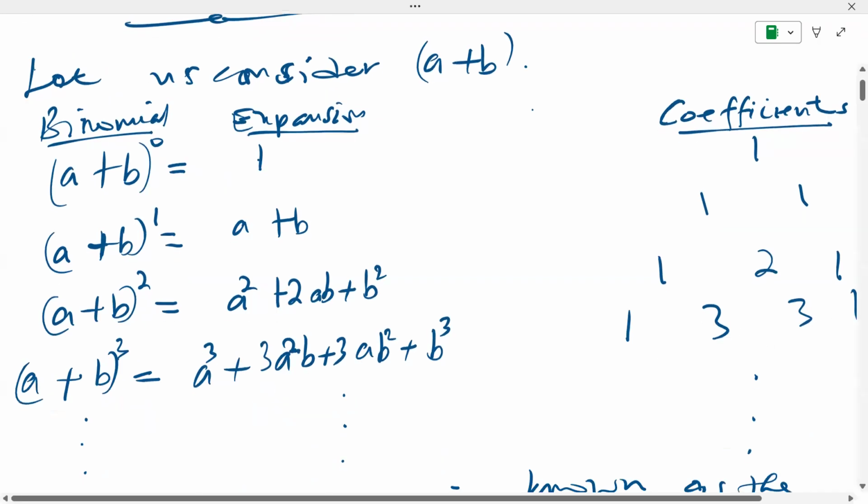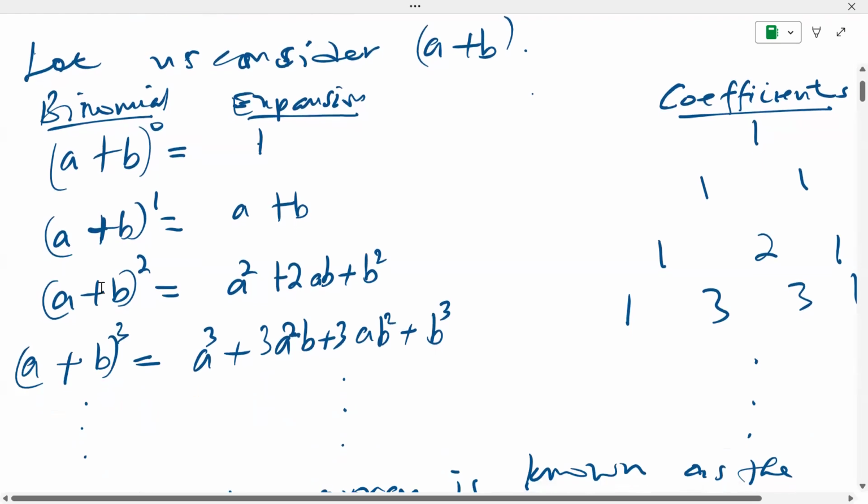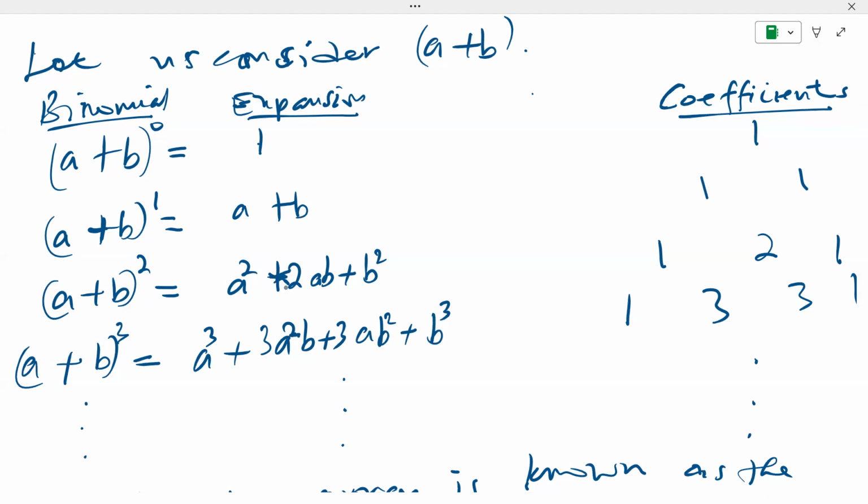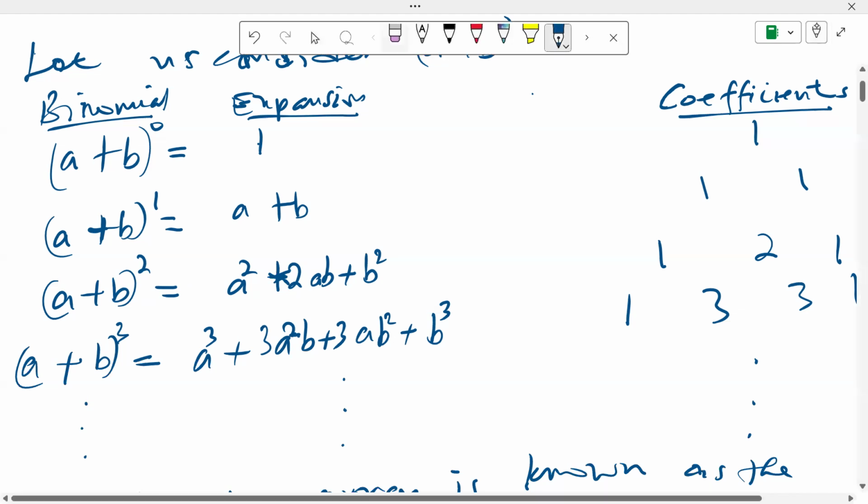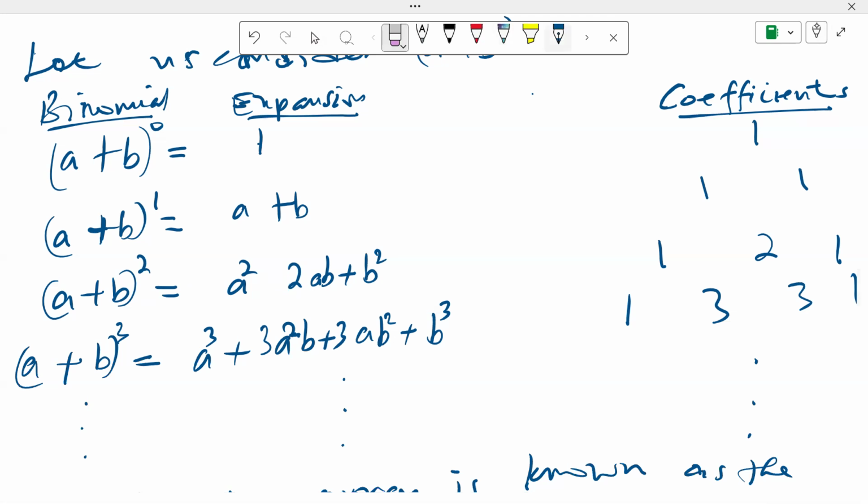Now, if we move on to (a plus b) squared, it's like (a plus b) times (a plus b). When we multiply them out, as we know already, that will give us a squared plus 2ab plus b squared.